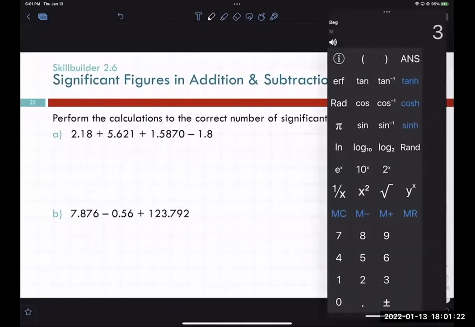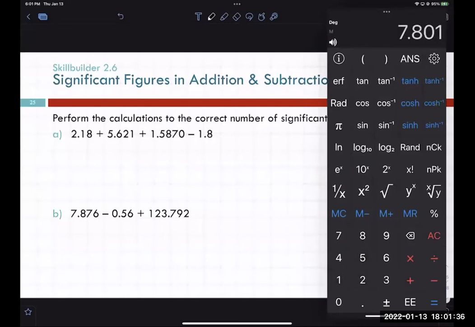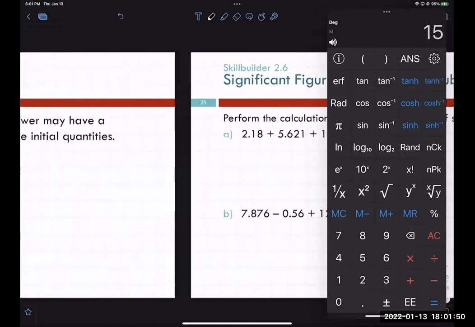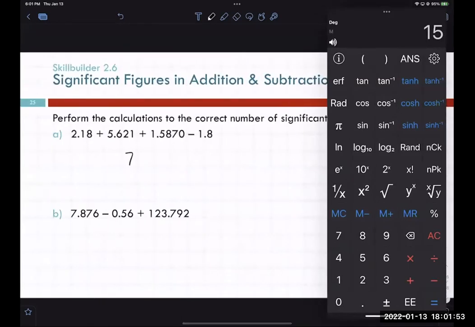All right, so more calculations. And again, for these, it doesn't matter how many sig figs, just the number of decimal places. And just like with multiplication and division, you're still carrying through everything until you get to your final answer. Plus 870. 5.8 something.